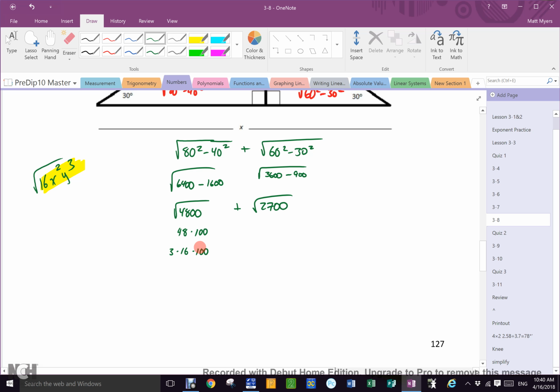Why would I have followed this path? Even if you didn't, you should be able to explain why I did. I took it apart and broke it down into perfect squares, yes?